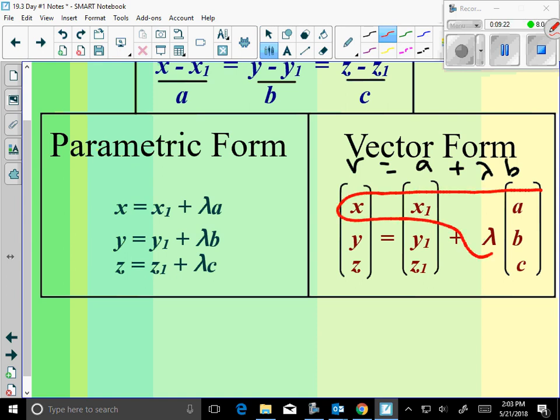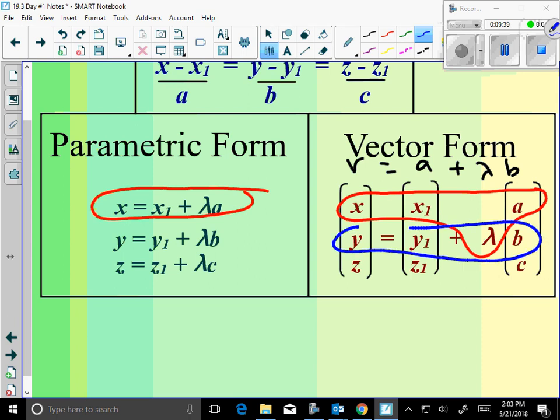Where does this show up? Parametric form. Pretty straightforward, right? If I just distribute lambda to each of those values, A, B, and C, they show up over here. So then y would equal y1 plus lambda b.